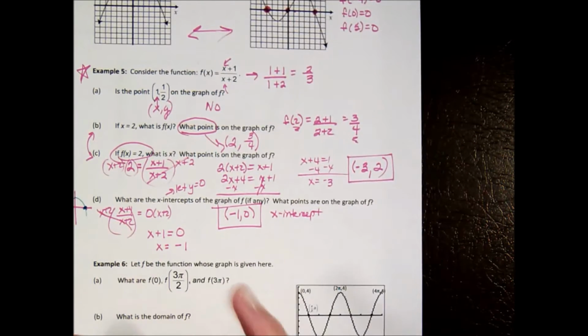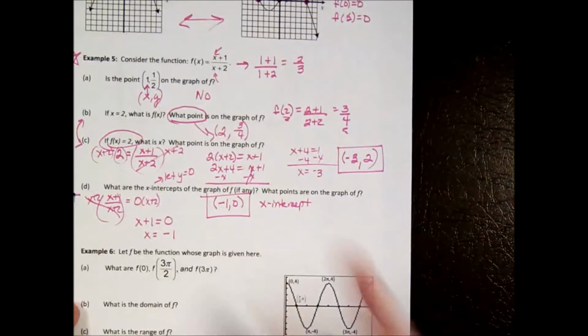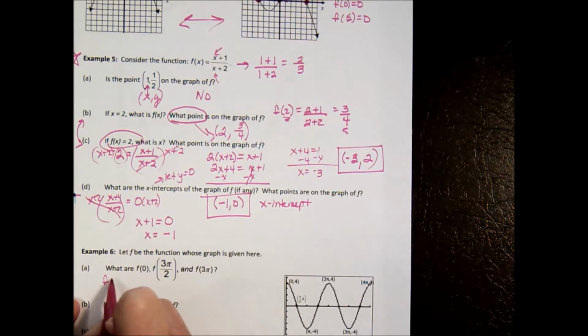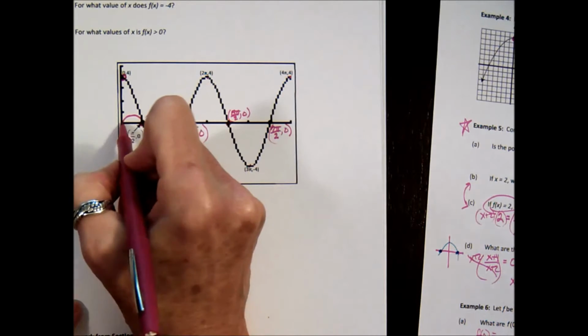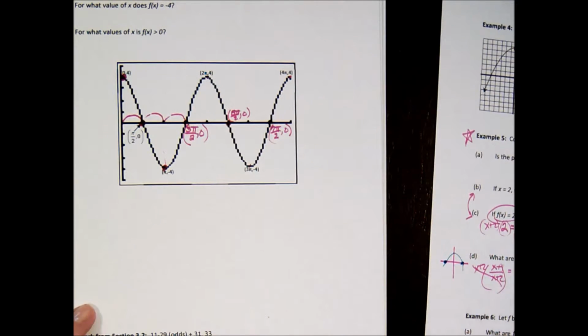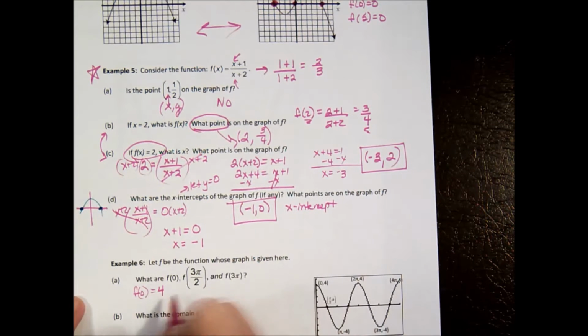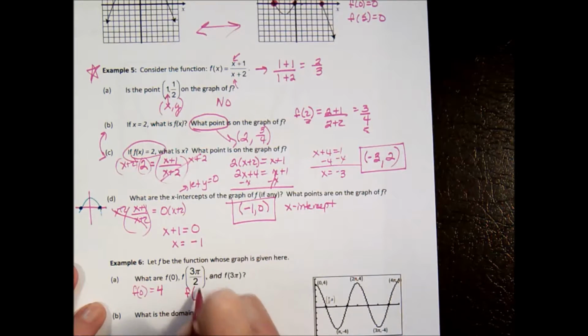It said, what are f of 0, f of 3 pi over 2, and f of 3 pi? So f of 0 is when x is 0, what is y? That would be 4. I can read it right off my sketch. F of 3 pi over 2. So let's find 3 pi over 2.